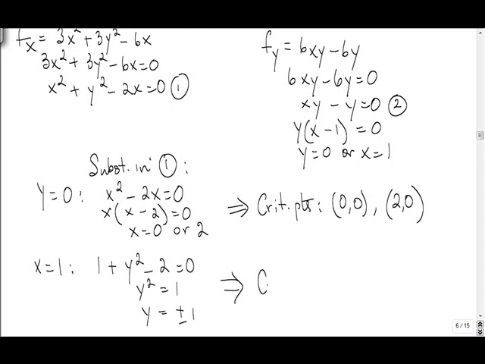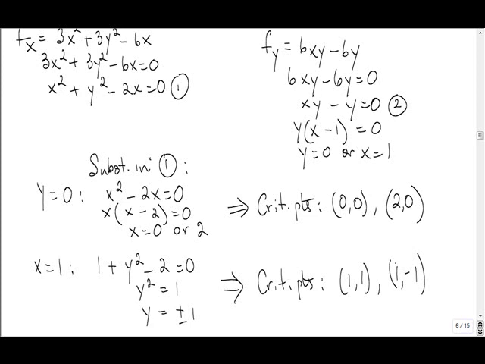We have 2 more critical points: (1, 1) and (1, minus 1). So we have 4 points to test. Any questions? These questions can be pretty long, but if you go about it in an orderly fashion, in a sequential manner, you'll be fine.